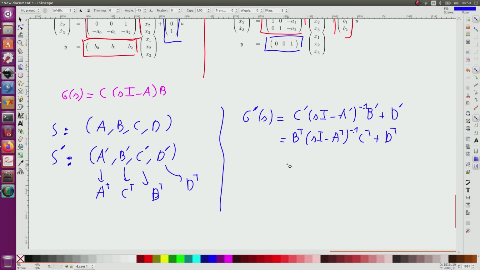Now this is equal to B transpose times (sI minus A) inverse transpose C transpose plus D transpose. So here I have only permuted the transposition with the inverse.